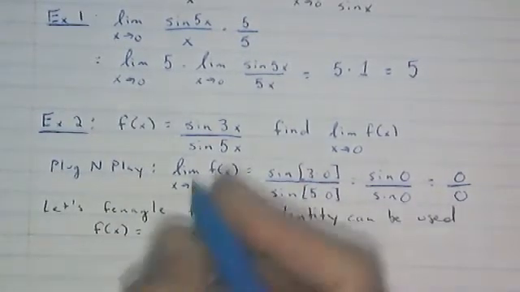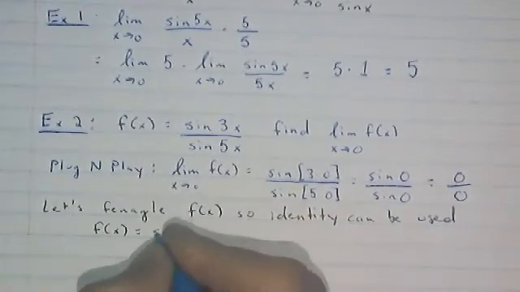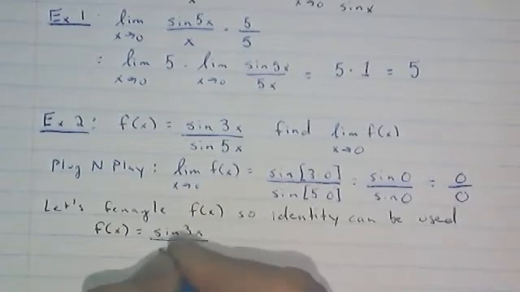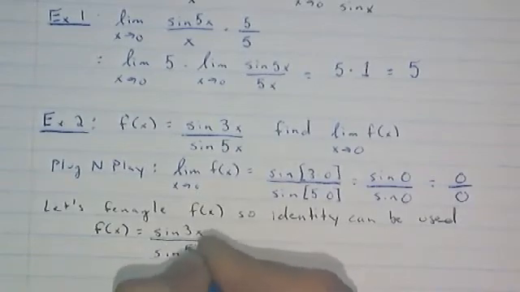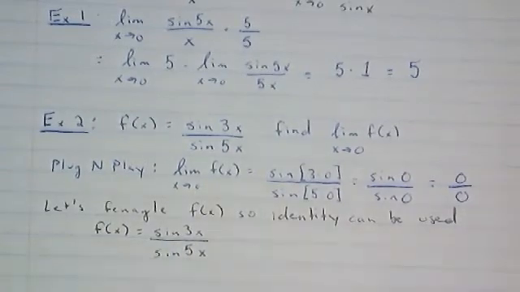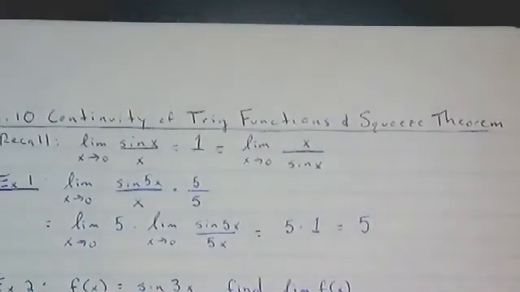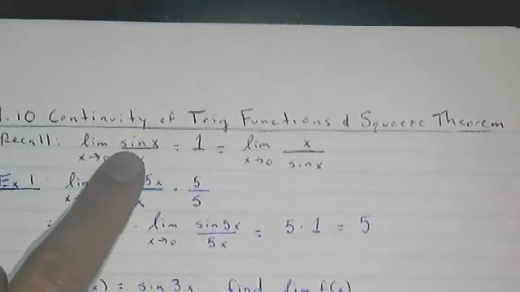Currently, as constituted, it looks like sine of 3x over the sine of 5x. That doesn't look like that. It's kind of like that, but it's definitely missing a lot.